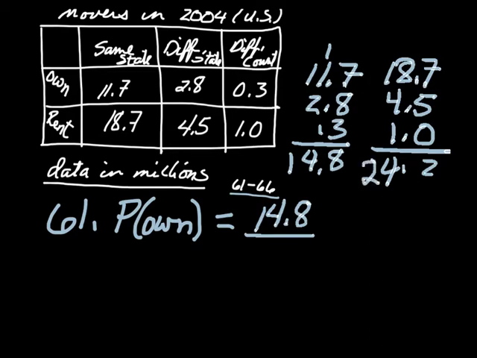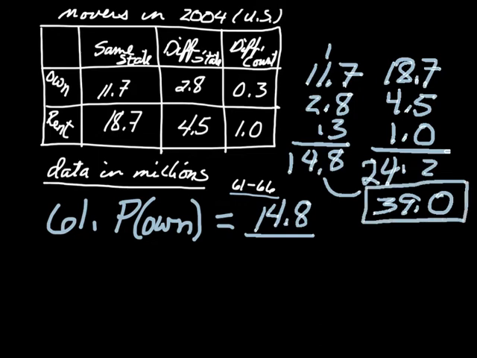And we have 24.2 million renters who moved. And then I need to add these two categories, which will give me a total of 39.0 million. This is the total number of observations, or the total movers, and therefore that's my denominator.